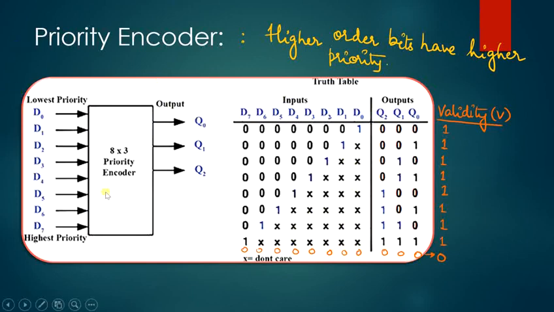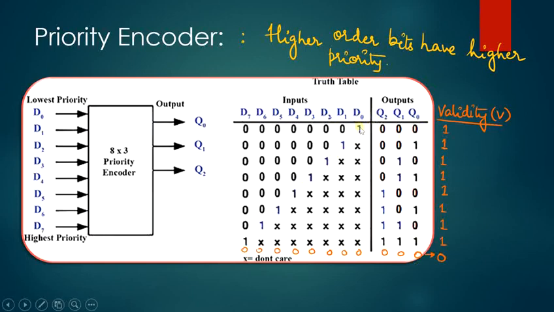In this case, I have considered a similar example to the previous one, that is the 8:3 encoder. You can see that the lower order bits are all considered as don't care terms, and the output will be 0 to 7 depending upon which bit is logic high.